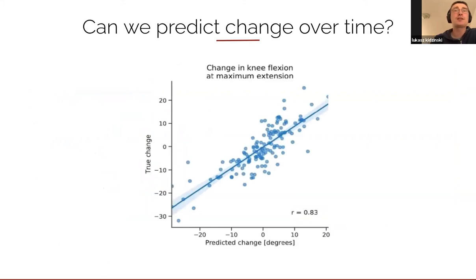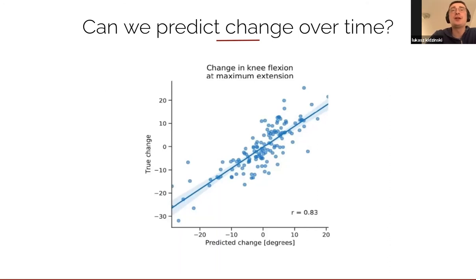Now, other variables that we were interested in is change in knee flexion at maximum extension. So we were interested if we can really use this tool for tracking patients longitudinally. If we take measurement today at the clinic and we take videos today, is the change from today to next week, where next week the subject is measuring themselves only using the camera at home, reliable?